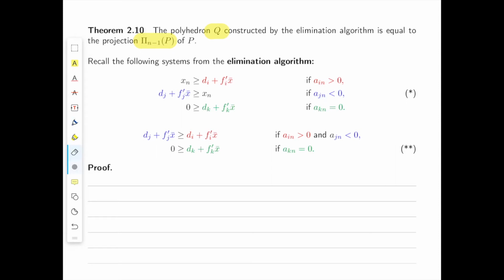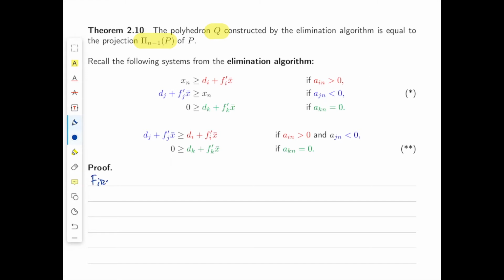In order to prove this theorem, we're going to use these two systems that we saw in the elimination algorithm, namely the system star, the first of the two here, which we just obtained by rewriting the original set of inequalities, and the second system double star, which is the one that defines Q.